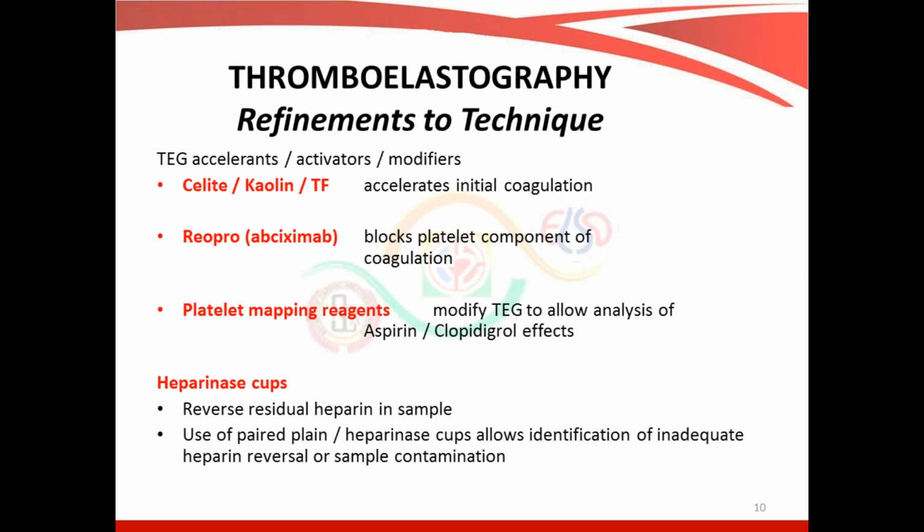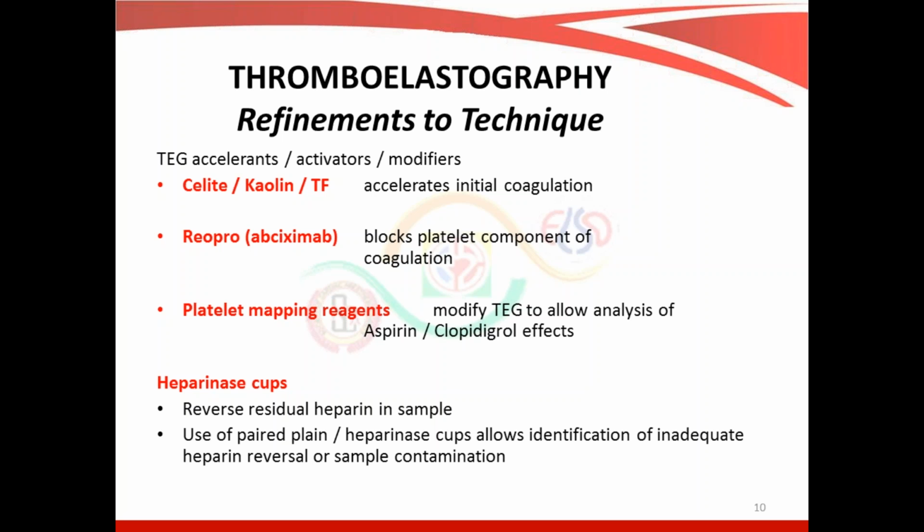So you're using heparinase. Some of the cuvettes are lined with abciximab, which is ReoPro. Some of them may be containing platelet mapping reagents. So you have your cath lab patients who are on aspirin or clopidogrel, or your CABG or ECMO patients who are on antiplatelet drugs coming to you, and you know which cuvette to use.